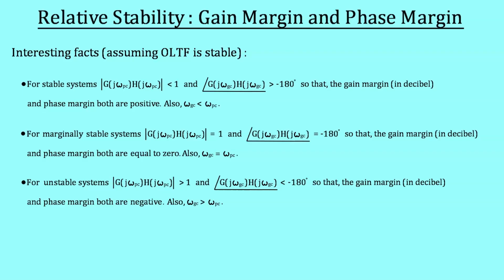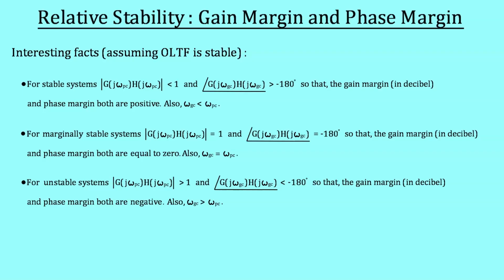For marginally stable systems, the gain of the open loop transfer function at phase crossover frequency is equal to 1 and the phase shift at gain crossover frequency will be exactly equal to minus 180 degrees, so that the gain margin and phase margin both are equal to 0. Also, the gain crossover frequency is exactly equal to the phase crossover frequency.